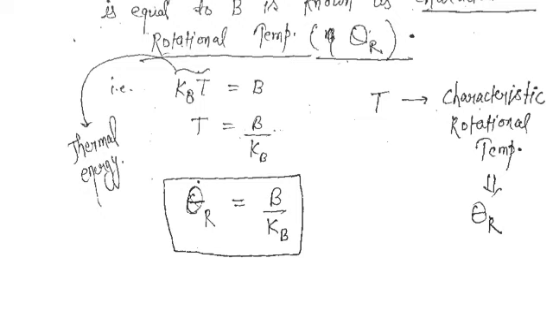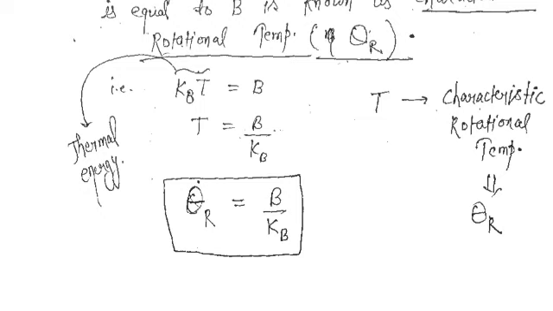So this thermal energy equals B. If you find the value of T, then kB goes to the denominator and we get T equals B upon kB. So this T we are designating as theta r, the characteristic rotational temperature.